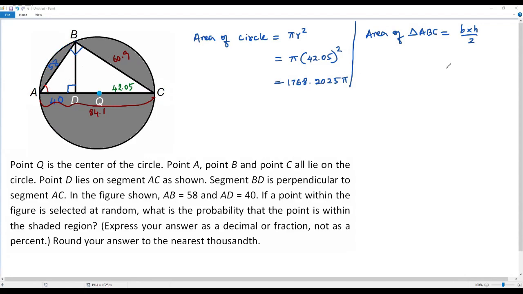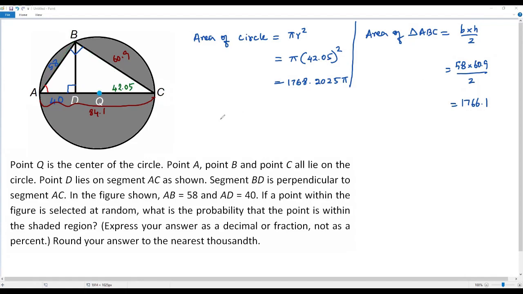Let me plug in this 58 for the base B over here. And when I consider this leg BC as the height, we have 60.9 as height. We can plug in the 60.9 for height H over here. Then I'm getting times 60.9 divided by 2. Okay, using calculator, when I evaluate the value of this one, I am getting 1766.1. Okay, here I got the area of the circle and the area of the triangle ABC over here.